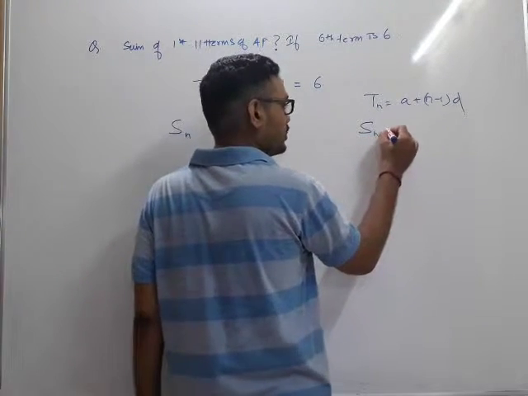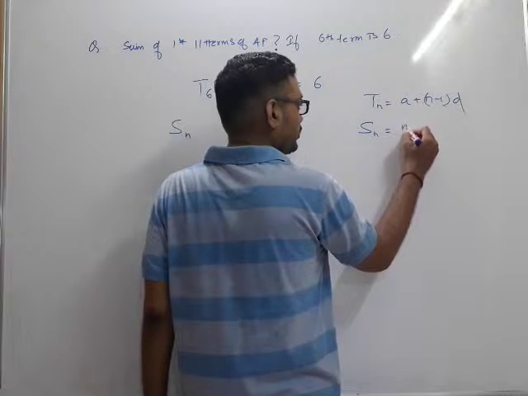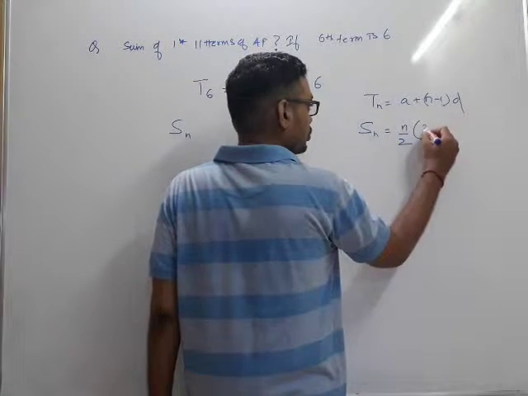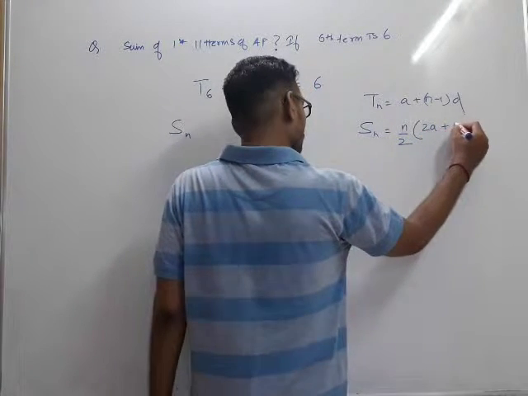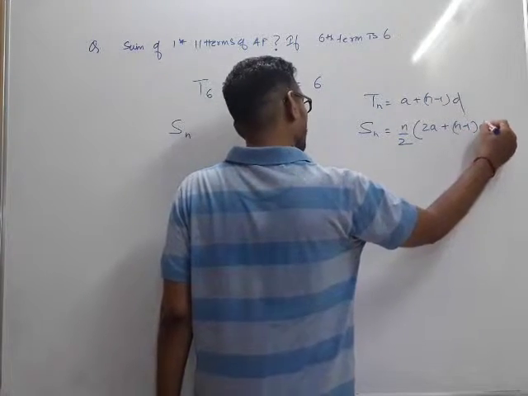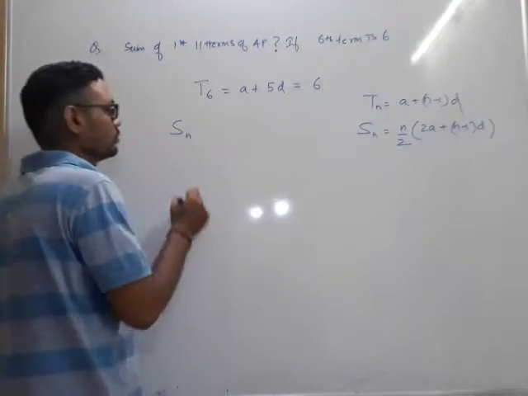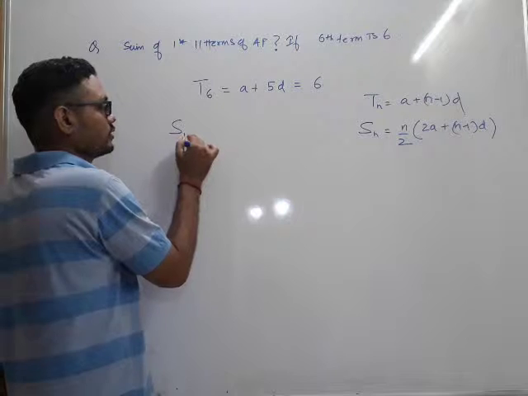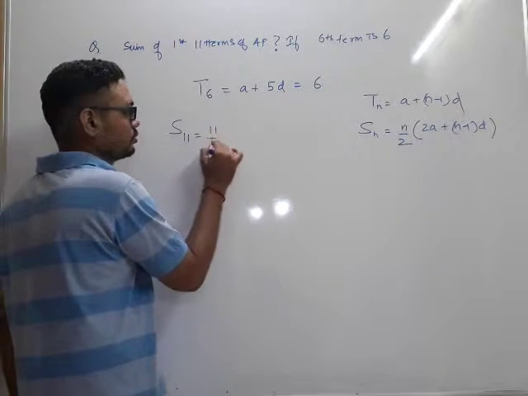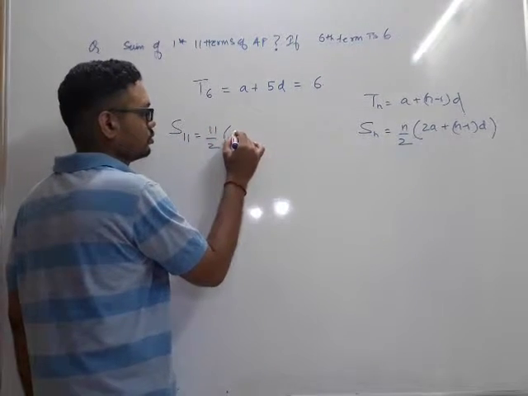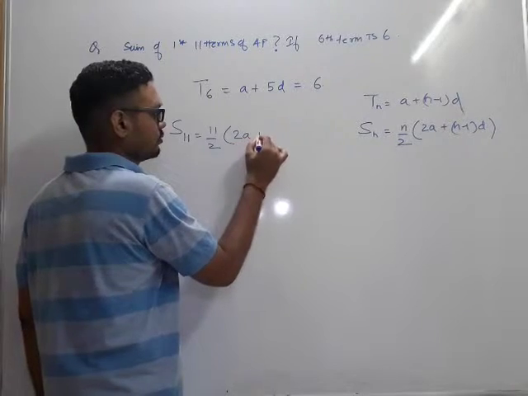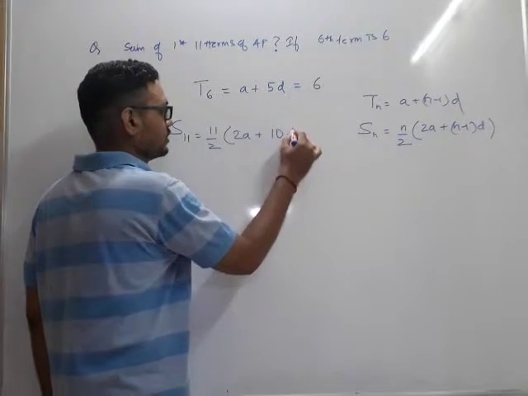Sum of n terms was n by 2 into 2a plus n minus 1 into d. This was the formula. So what will be my 11th term? 11 by 2 into 2a plus 10d.